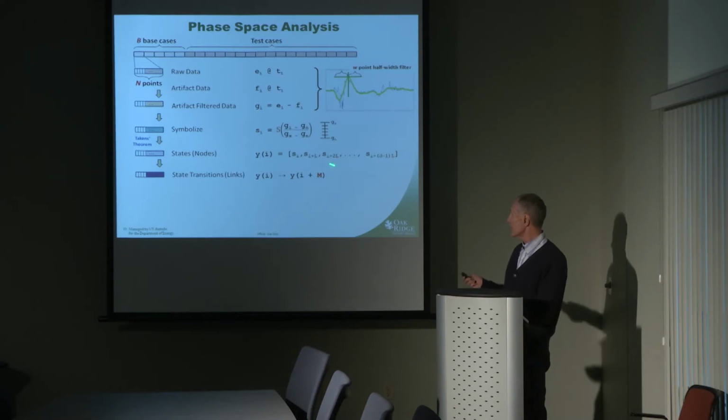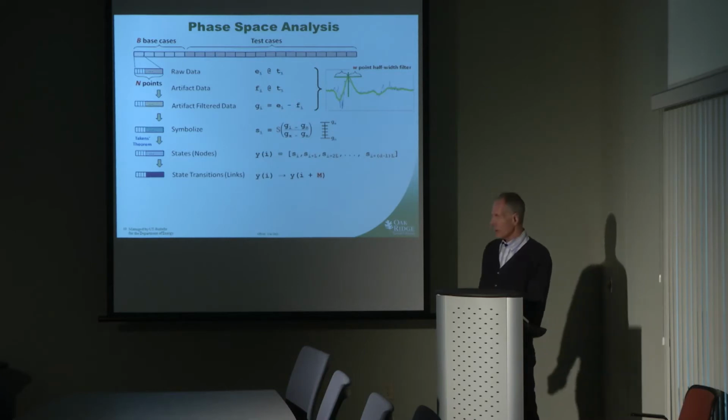This is a d-dimensional vector. This is a phase state, and then the dynamics from one state to the next are indicated here, so one has a state-to-state transition. So in the jargon of networks, these are nodes, and this linkage between the states are links, and that forms a network.